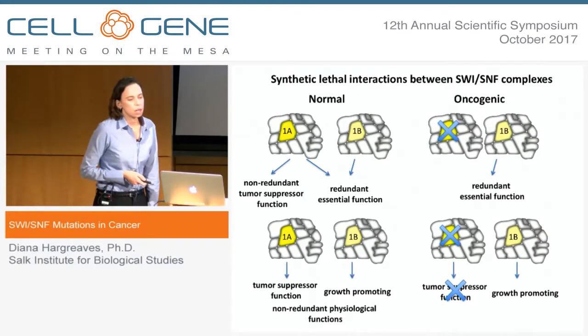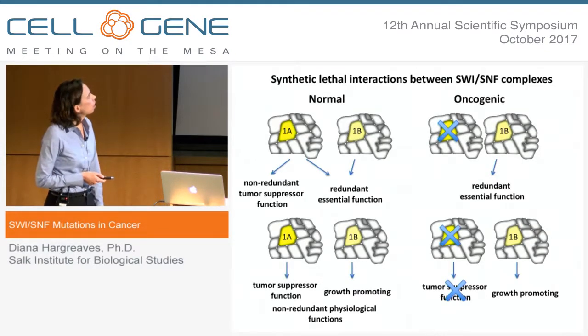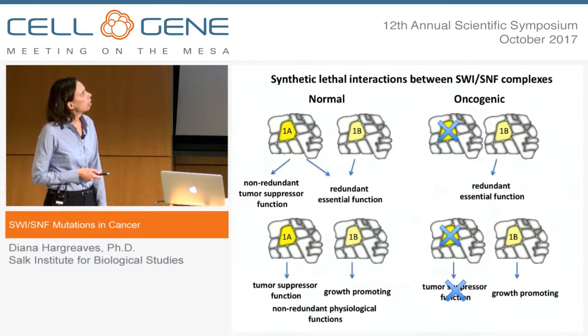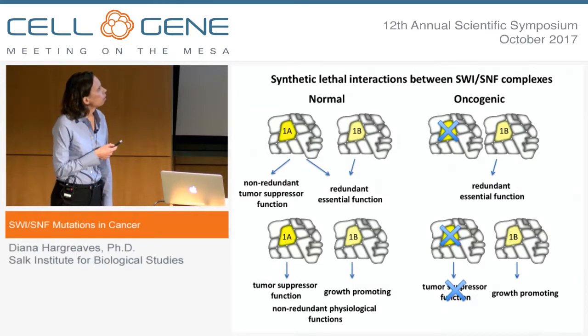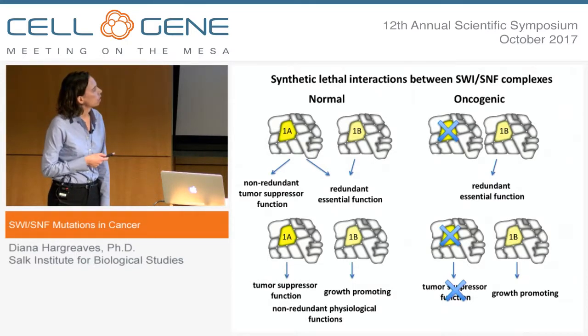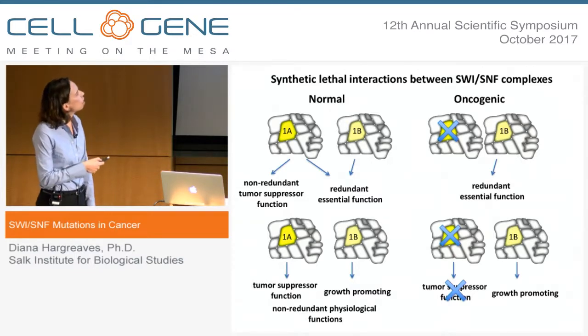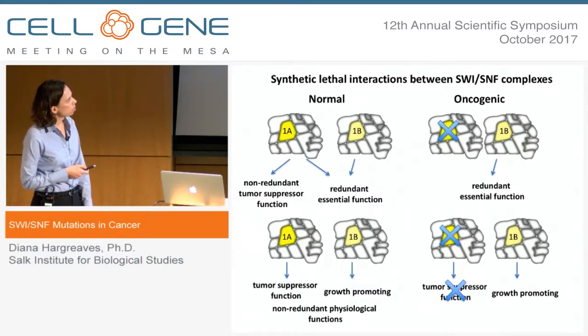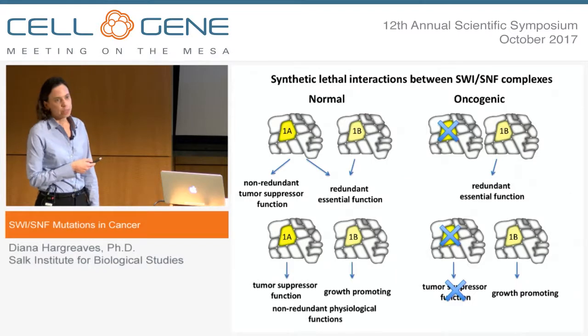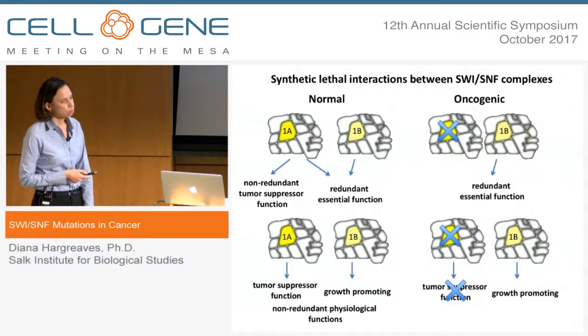So we envisioned a couple of different scenarios for this. One possibility is that ARID1A and ARID1B may play redundant roles for an essential function, with ARID1A having non-redundant roles in tumor suppression. So then in the context of an ARID1A mutation, ARID1B would be required to fulfill this essential function.